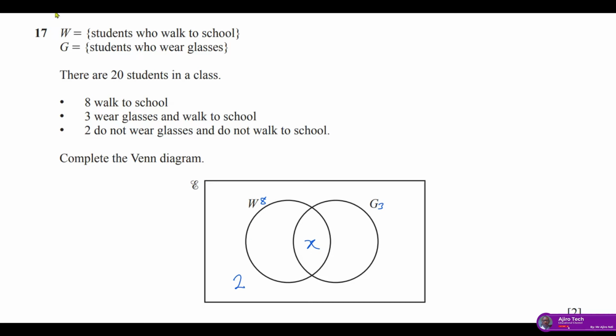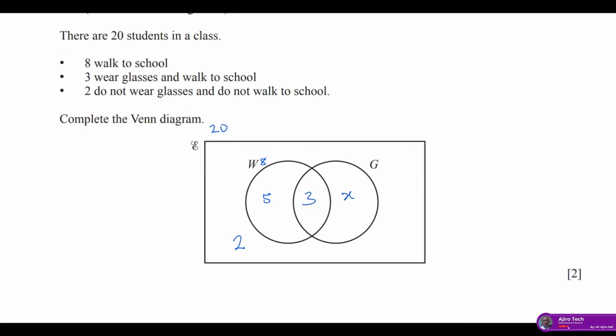These 3 wear glasses and walk to school, so you have this one as 3. That means that G is unknown. Let's call this one X. You don't know this. So this is 8 minus 3, we have 5. Everybody here is 20.